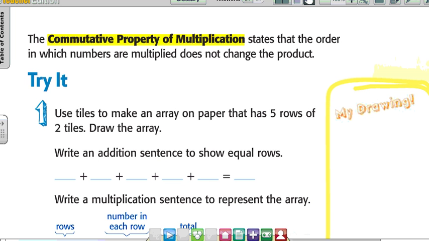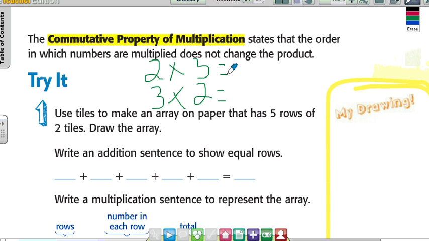Okay, it says the commutative property of multiplication states that the order in which numbers are multiplied does not change the product. Let's say I have 2 times 3 and 3 times 2. Do those have the same answer? Yes. What is it? 6.